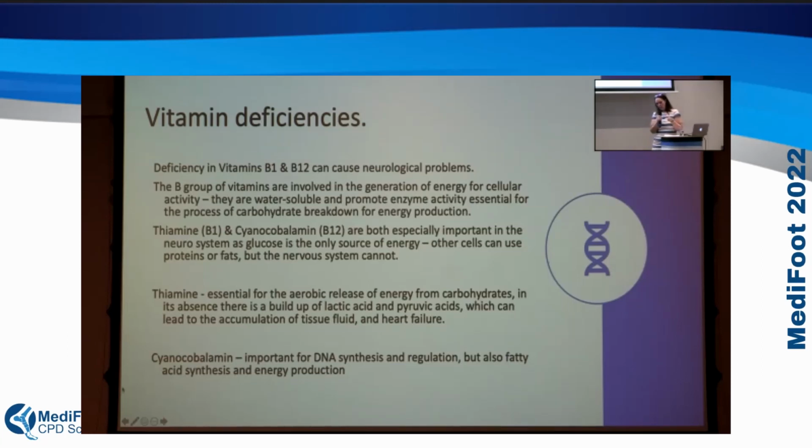And that becomes really important for energy coming from carbohydrates like glucose, because your nervous system can only get energy from glucose. It can't utilize energy created by proteins or fats because nerve cells just can't process them. So nerve cells and your brain only get energy from glucose, okay?